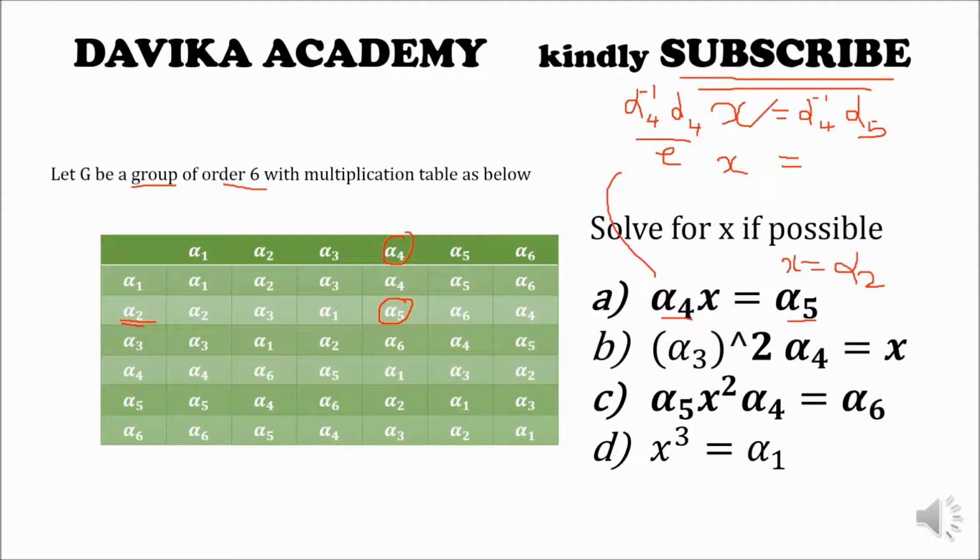So we are getting now the inverse of alpha 4. If we check this, where we have alpha 1, alpha 4, you see alpha 1 is there, and this is a self-inverse element. Therefore, you find that it's also alpha 4. The inverse of alpha 4 is itself.